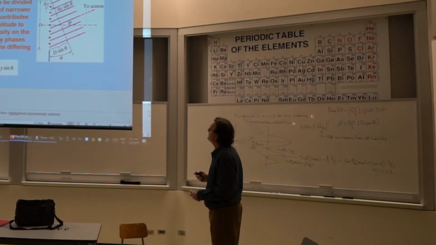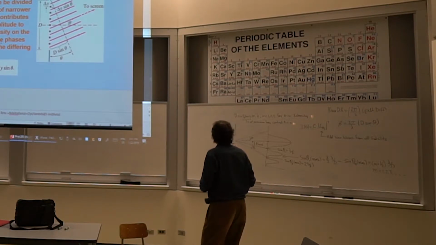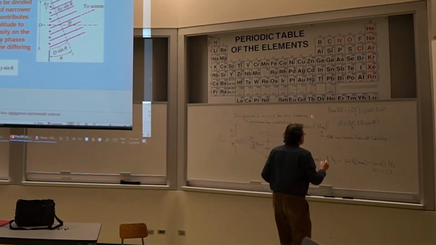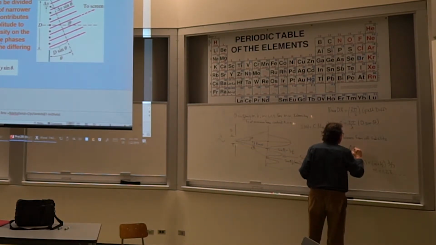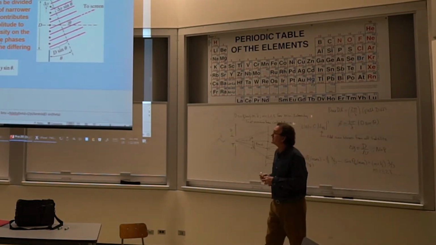So the path difference between adjacent slits is going to be delta y times sine theta, just as the path difference from the bottom ray to the top ray is D sine theta. And delta y is equal to the width of the slit divided by n, where in this case n is equal to 8.